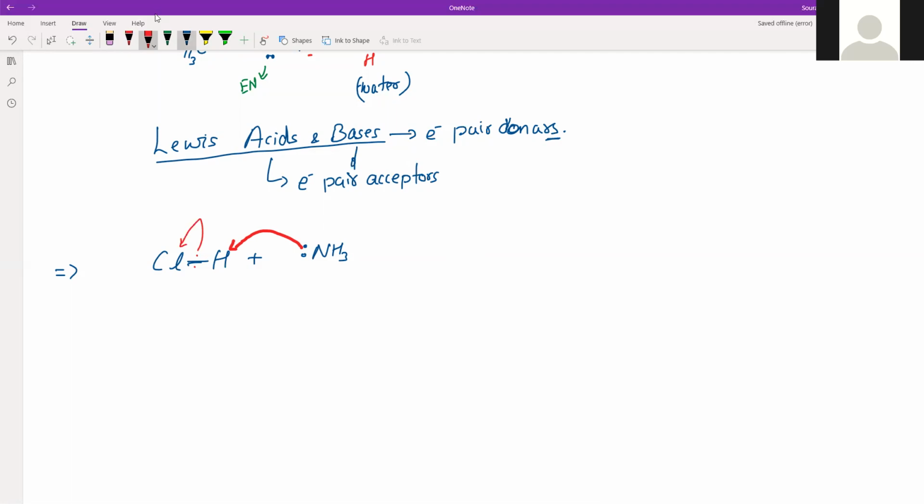So after this, what exactly happens? There will be a Cl negative ion, obviously having all 4 electron pairs, and NH3 has an extra bond with H. So this can be Cl negative plus NH4.